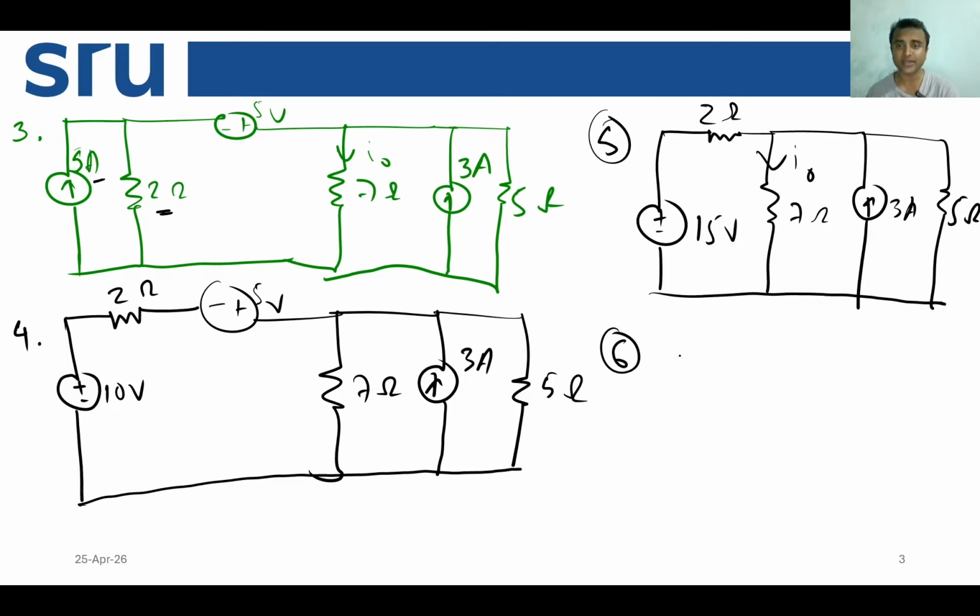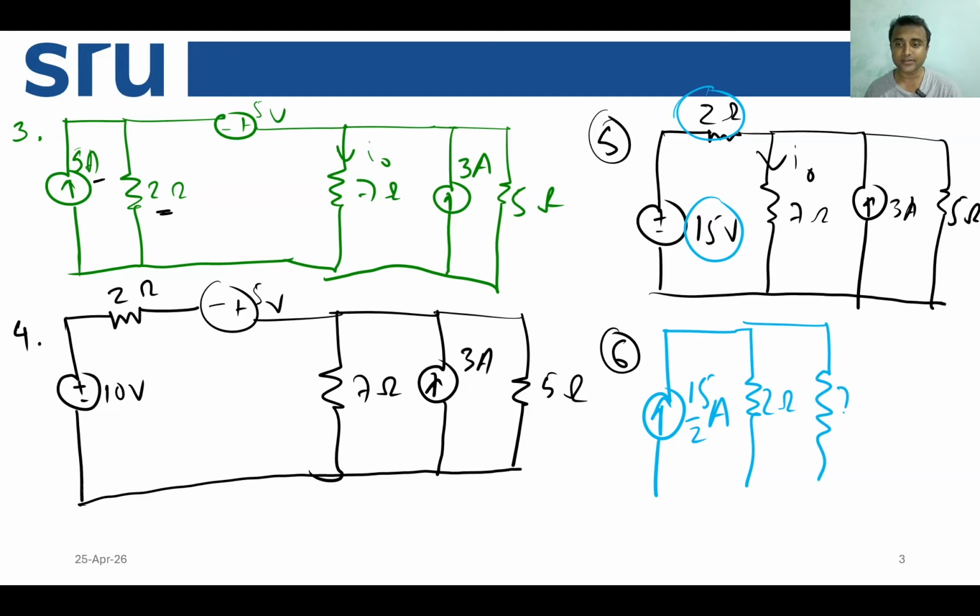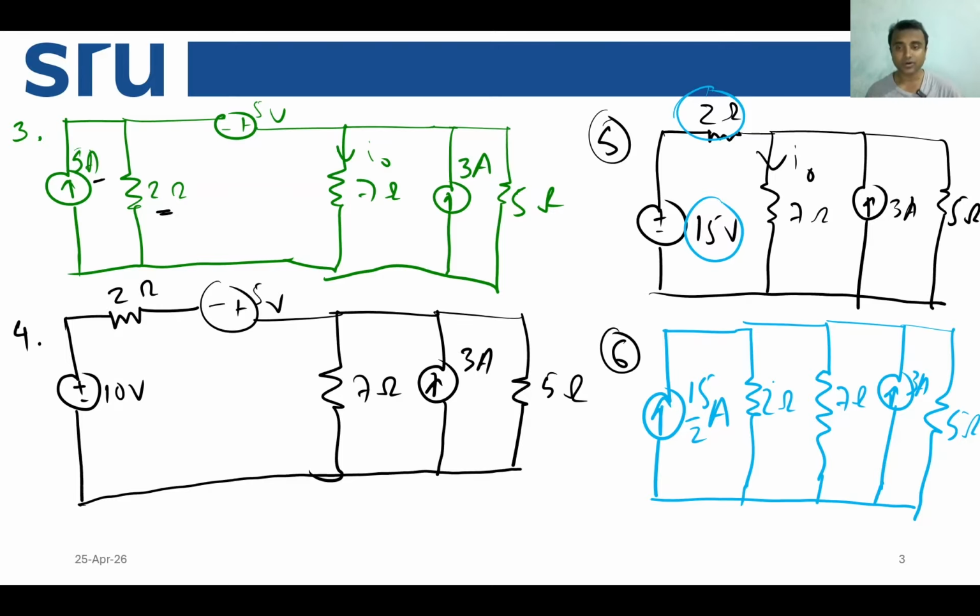So equation number 6 can be written as: this 15 volt source and this 2 ohm resistance can be made into a current source of 15 by 2 ampere, and then you have a series resistance of 2 ohm, then the target resistance 7 ohm, and then the current source of 3 ampere, and then the final 5 ohm resistance. Okay, this is the 6th circuit. Let us go to the next page.